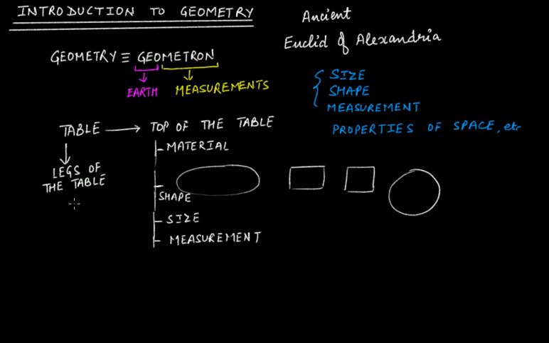Now when it comes to the legs of the table, again you'll decide whether it's going to be of the same material or some other material. And then again you will decide the shape, whether the shape of the legs will be of something of this shape, or something of this shape, or round shaped with the flat one mixed together.